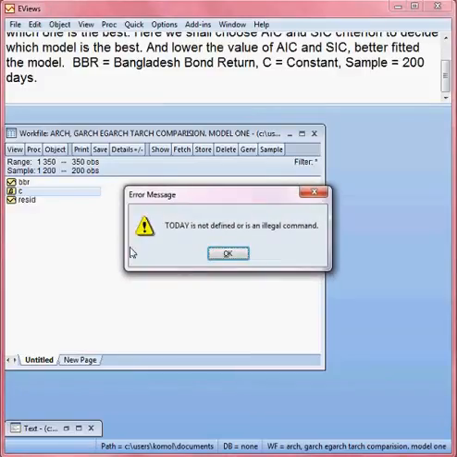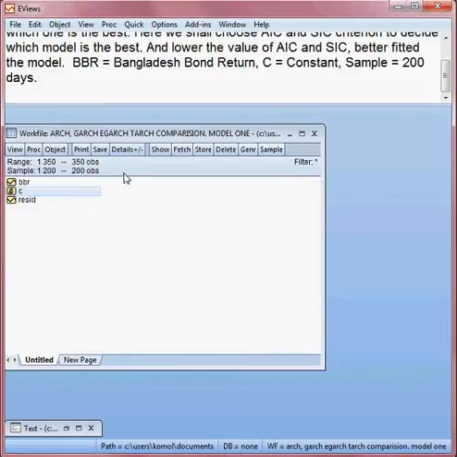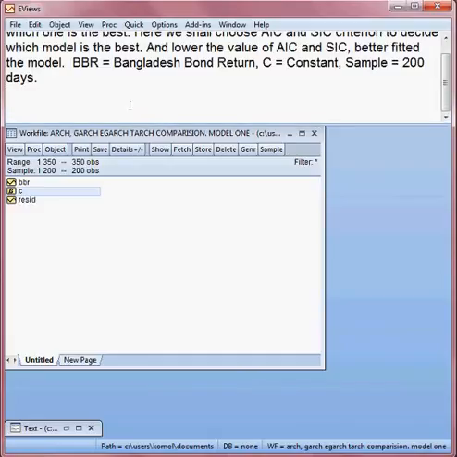The first model, okay, so at the very beginning we assume that our variable, BBR, is stationary.